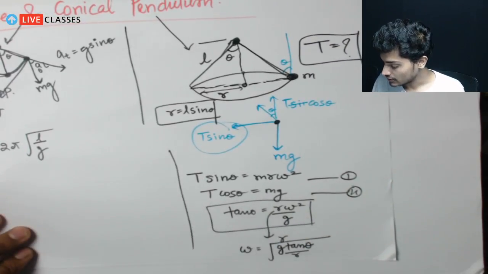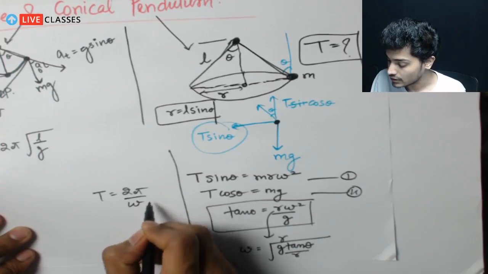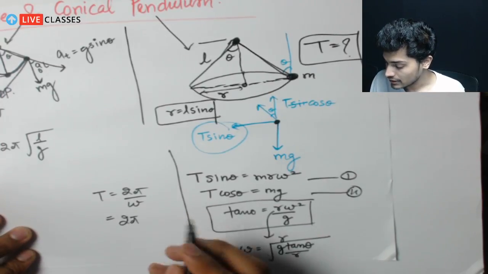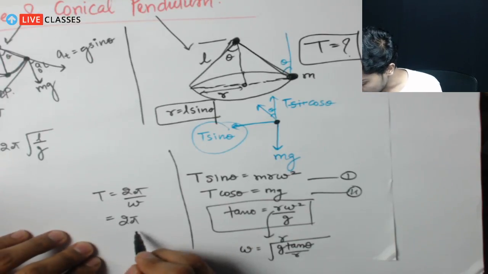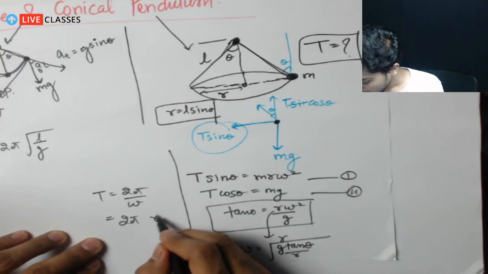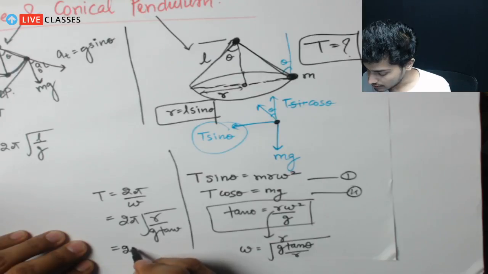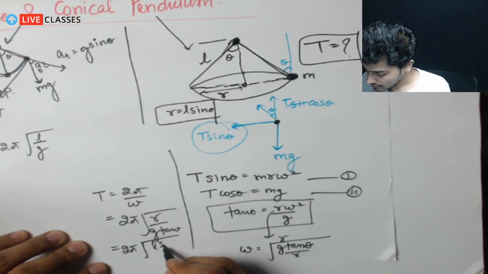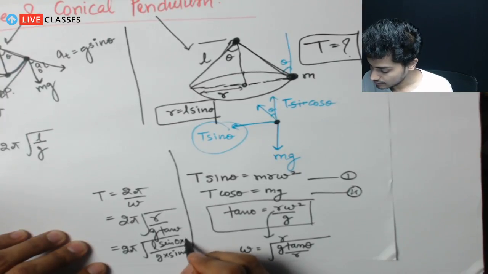And we have to find T, and T is nothing but 2 pi by omega, as we know. So what will be the time period? We just have to put the value of omega here. Omega here will be root of g tan theta upon r. Just replace r with L sin theta, and we get g sin theta upon cos theta.